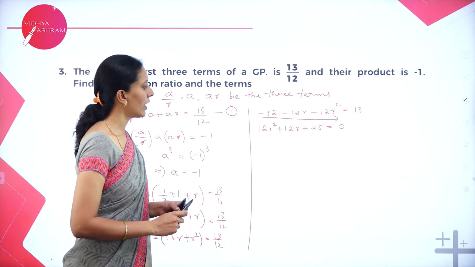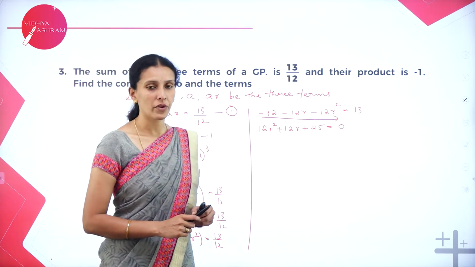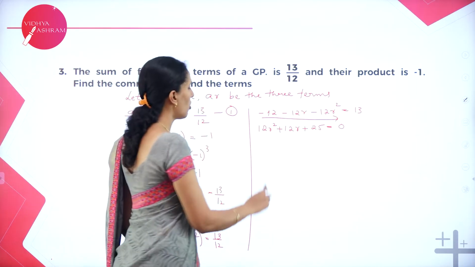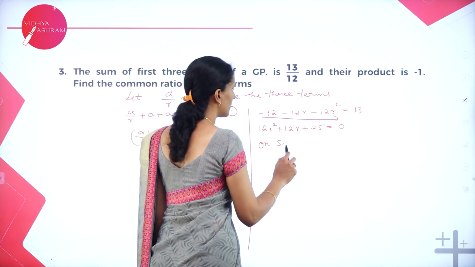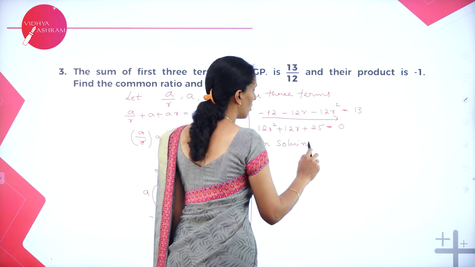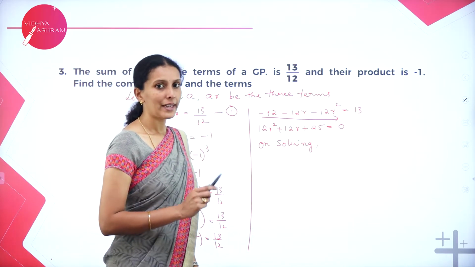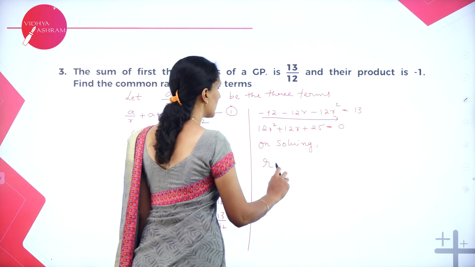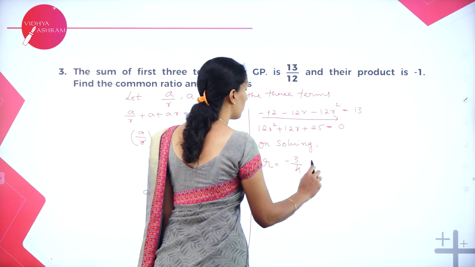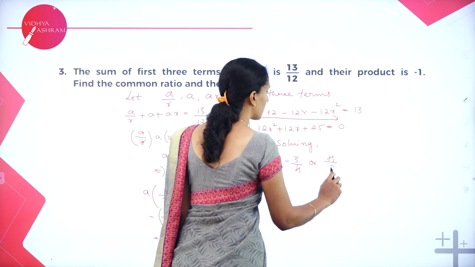So this is what we get, 12R square plus 12R plus 25 is equal to 0. So on solving this using a quadratic formula, we get R is equal to minus 3 by 4 or 4 by 3.